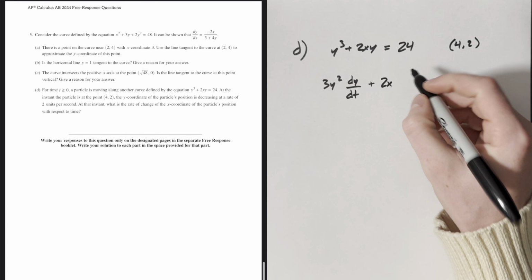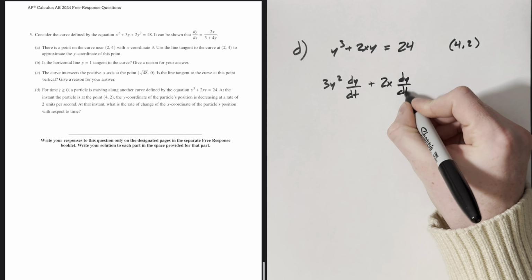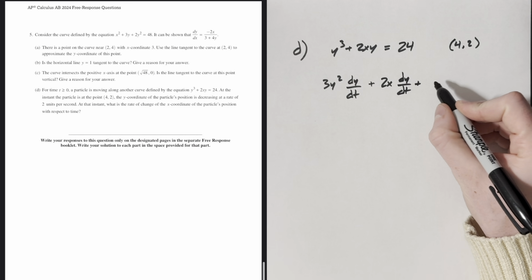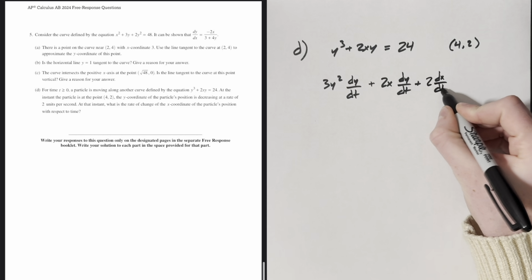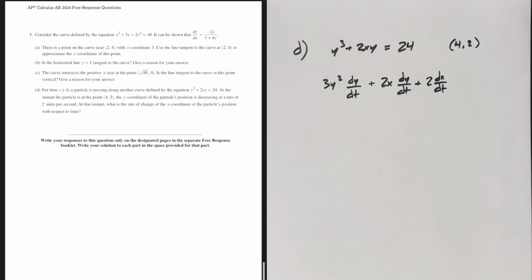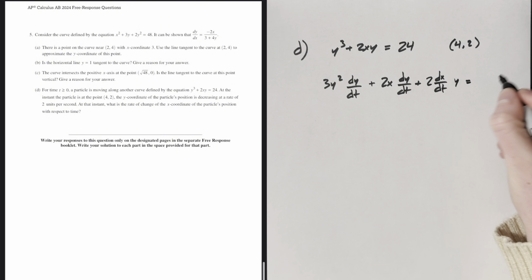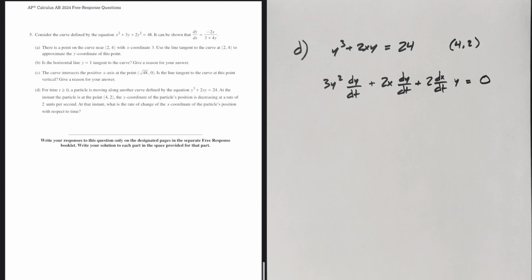So first term times the derivative of the second term, which is dy/dt, plus the derivative of the first term, which we could write as 2 dx/dt. Gotta remember that the derivative of x in this case is not 1, but dx/dt, multiplied by my second term, right? And that will equal the derivative of my right side, which is just 0, because 24 is a constant.